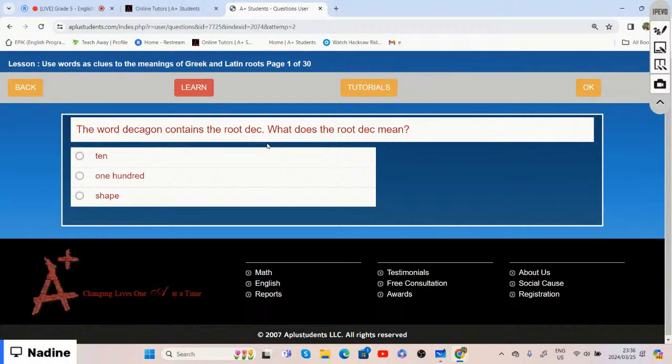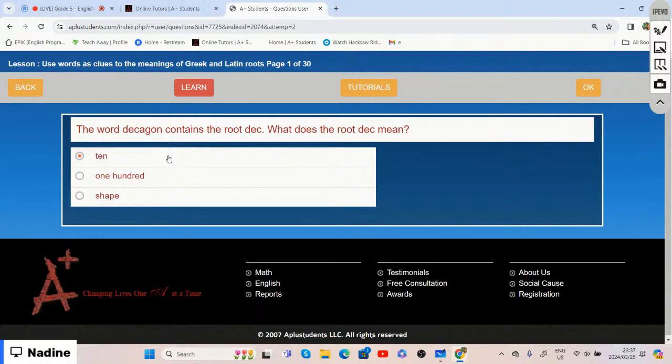which means that we can say that dec within the word decagon is to do with 10. It's to do with 10 because it even tells us that it has 10 sides. It's a shape with 10 sides. So we can then say that the root dec means 10.